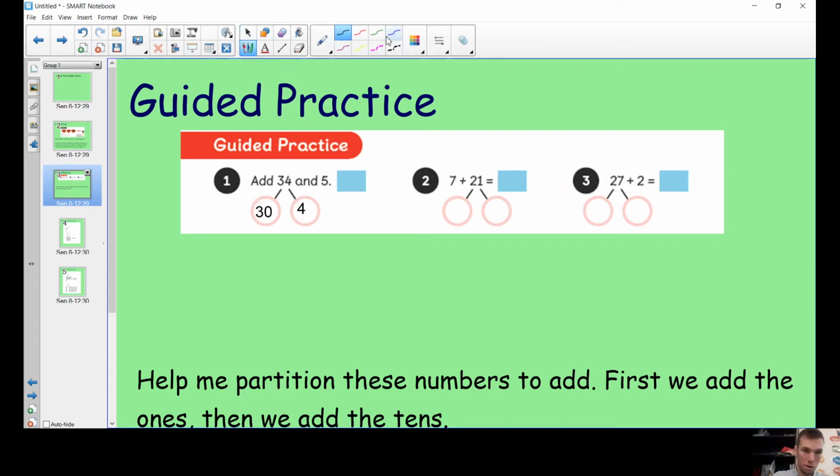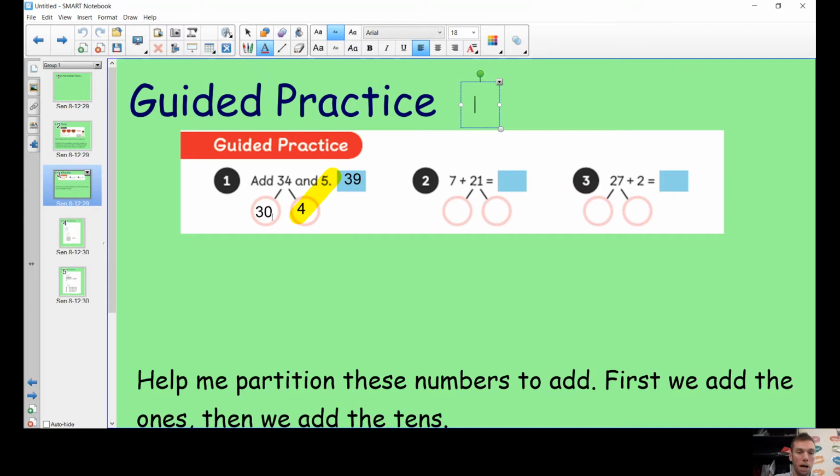Now, if I want to do my quick adding, I can look at my ones, 4 and 5. Now, my head knows that 4 and 5 equal 9. And then I've got 30. So I've got 9 over here in ones and 30, 3 10s. 30 and 9, 39.